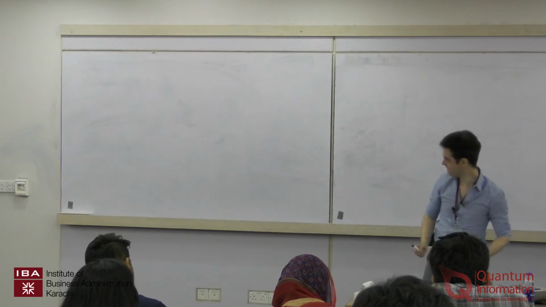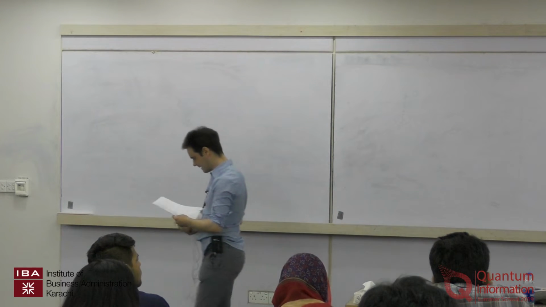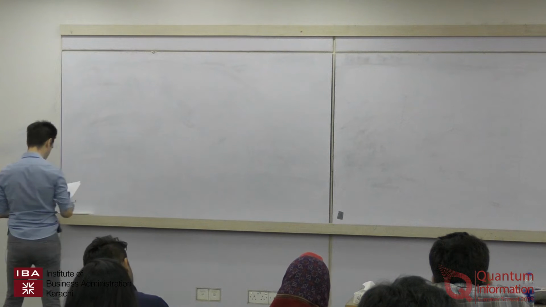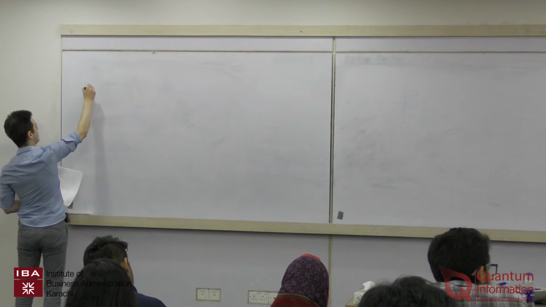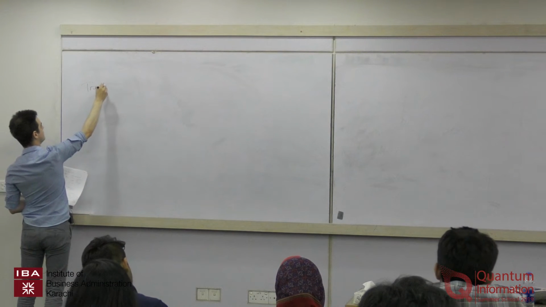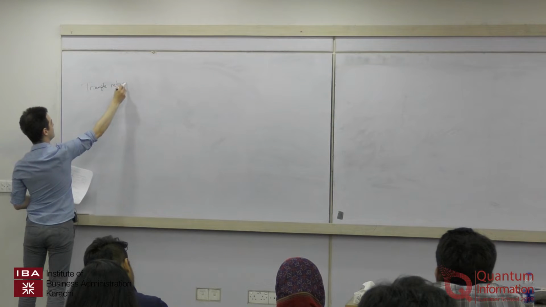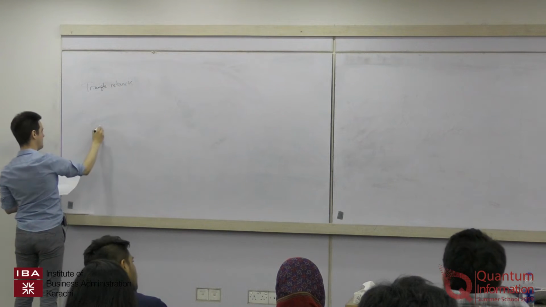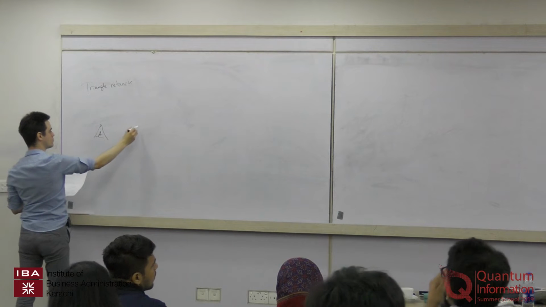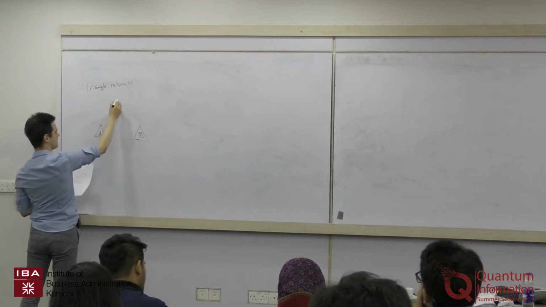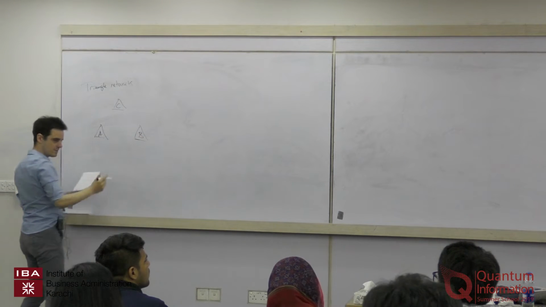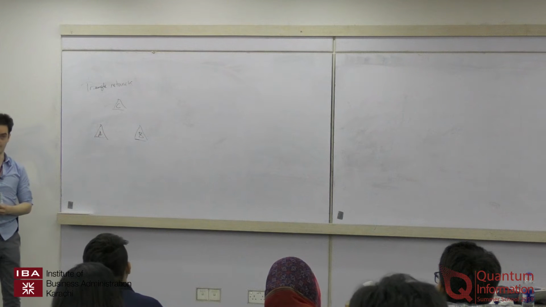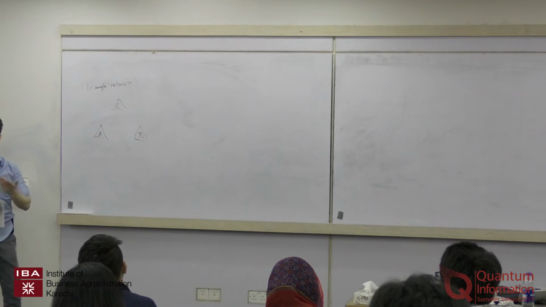And actually, the scenario that I'd love to talk to you about, we call the triangle network. It's a scenario where you observe only 3 variables. I think some of you have been exposed to the Bell theorem, like the P(ab|xy).